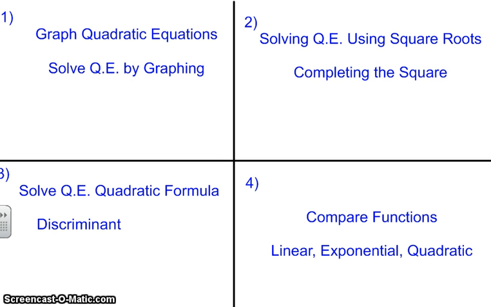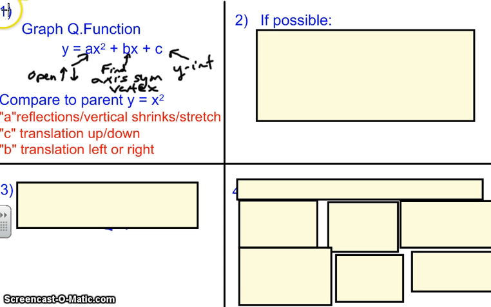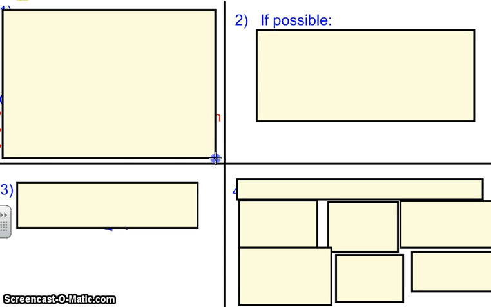We're in the second section today talking about solving quadratic equations using square roots and completing the square, which is a relative of taking square roots, right? So first, if it's possible, you may be given a rather simple quadratic equation, and if you are, you can just take the square root, right?